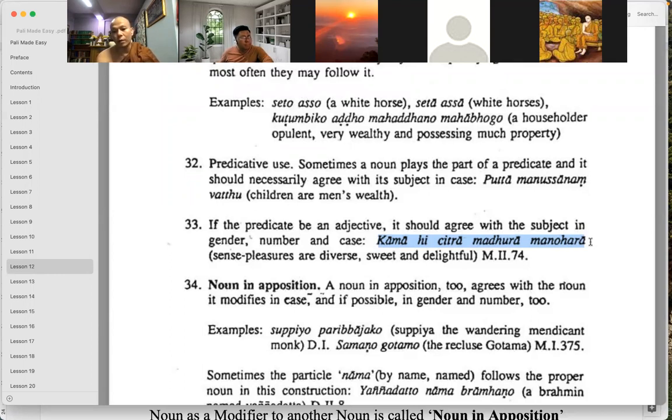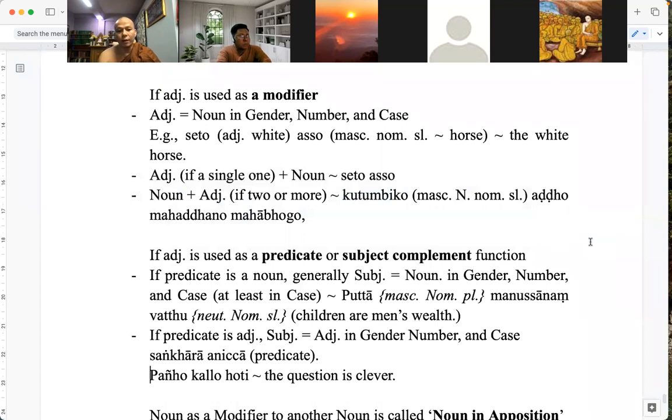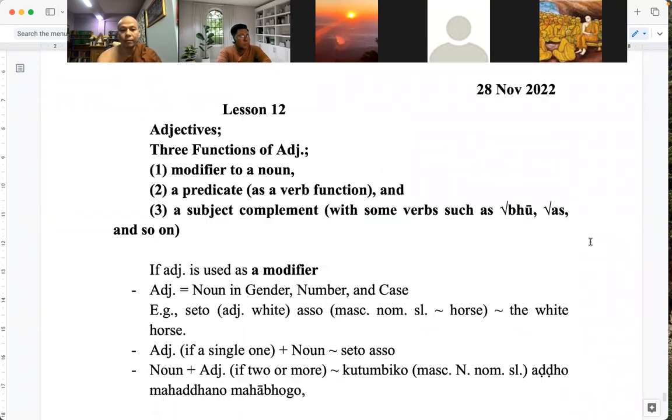So Chaitara, Madura, and Manohara, these three adjectives are used as a predicate. Kama is a noun, nominative case plural masculine. That is why Chaitara, Madura, Manohara are also nominative case plural masculine. Okay, now let me repeat again.